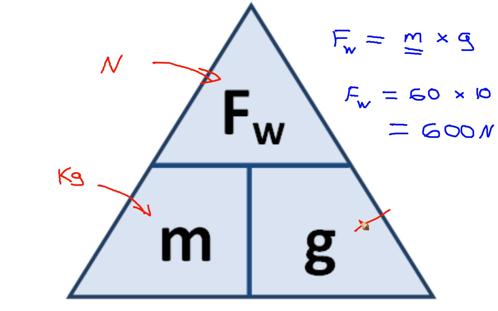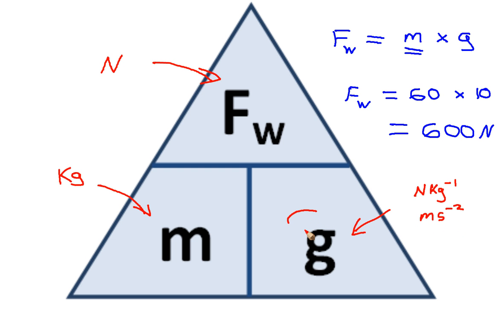Now the unit for gravity, you can either use newtons per kg, which kind of makes sense because we could rearrange the formula so that gravity is equal to force divided by mass, so newtons per kg. Or the other unit we can use is meters per second per second.